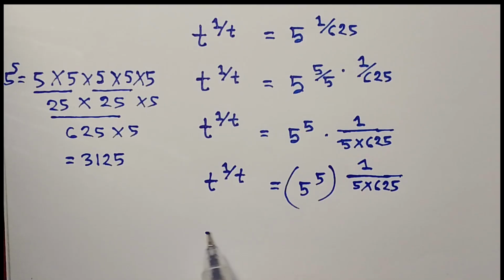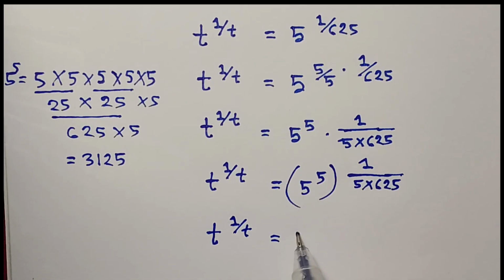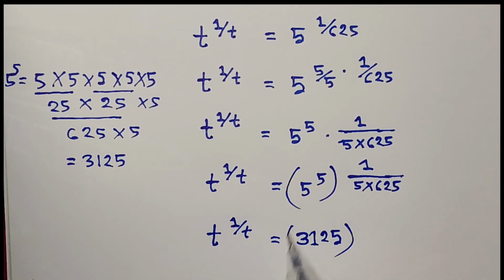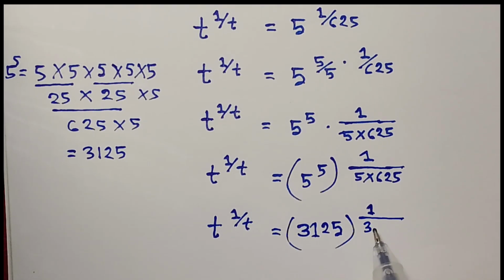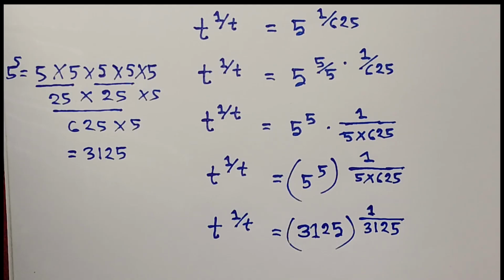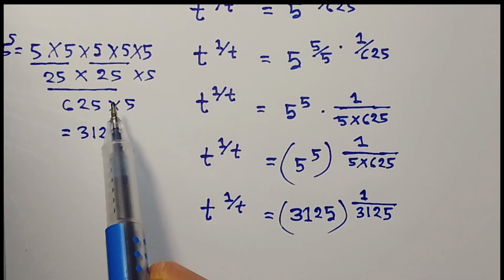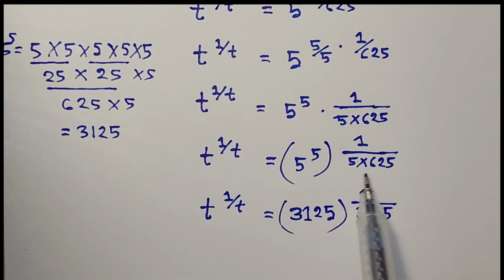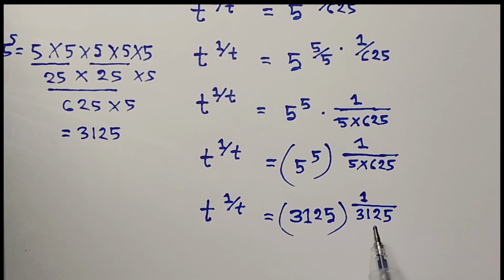Now we can write t to the power 1/t equals 3125 to the power 1/3125, because we saw here that 625 times 5 equals 3125. This and this are the same, so we can write this.